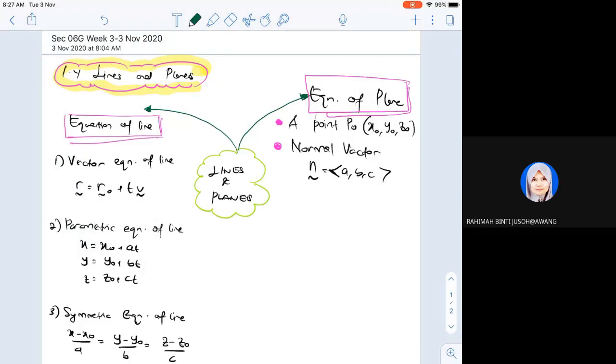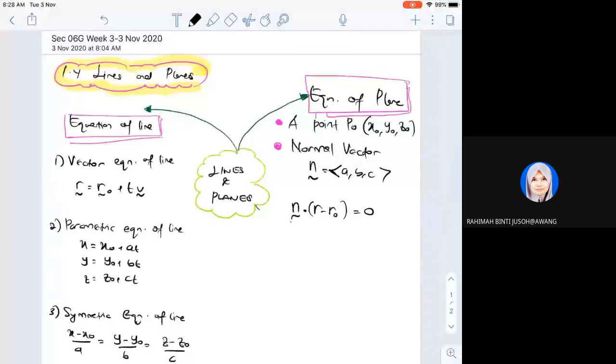All right. Next, what we need to know in this subtopic is the characteristic of lines. Oh, before that, for the equations of plane, we have the vector formula like this: n dot product with (r minus r naught) equals 0.